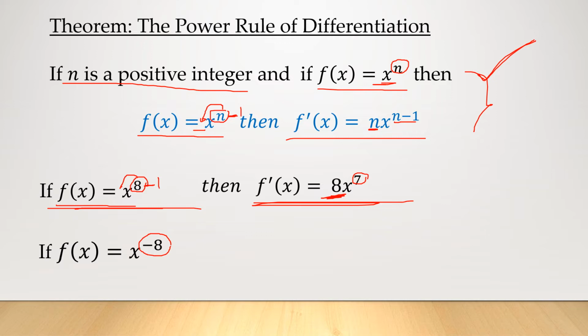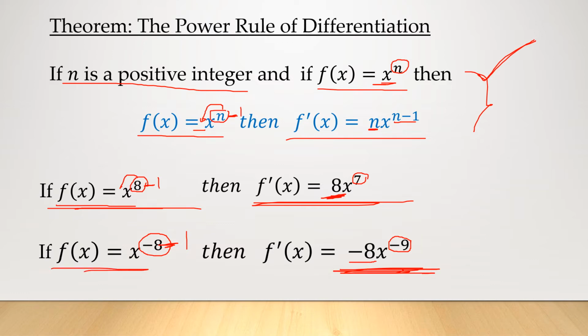So our derivative is, the negative 8 becomes the numerical coefficient, then the negative 8 exponent, we subtract by 1. Negative 8 minus 1 is negative 9. So this is now the derivative.